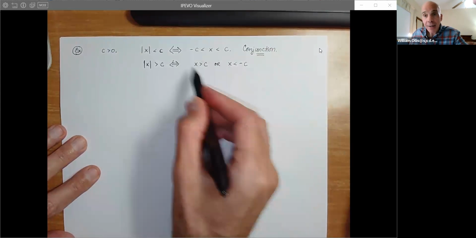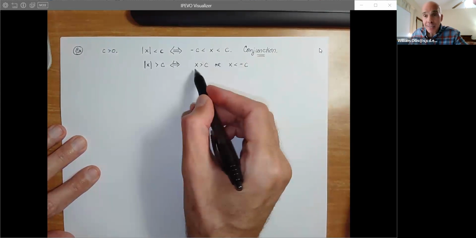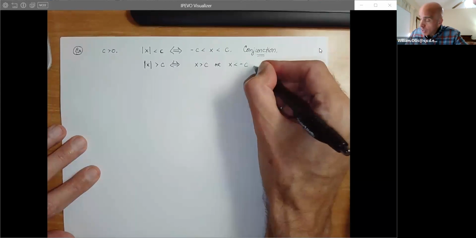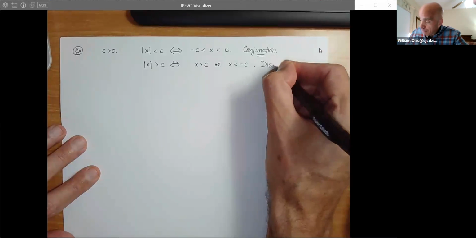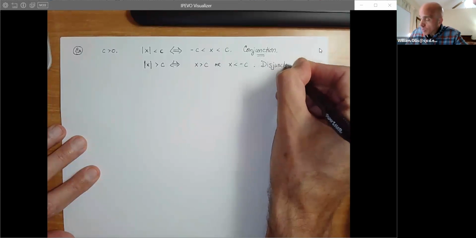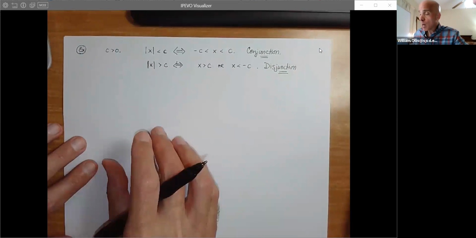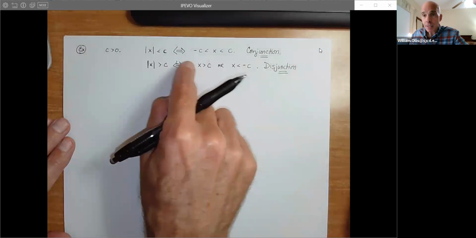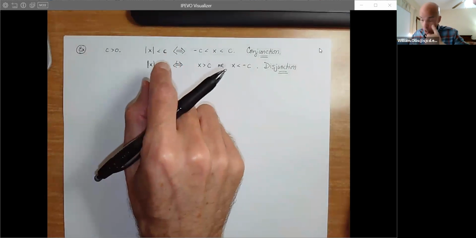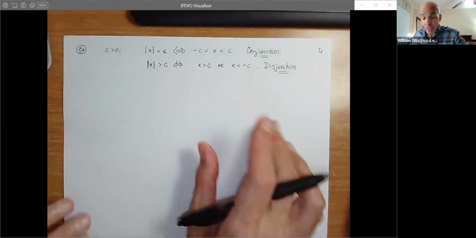But this is not connected. This is connected. This is disconnected. We call this the disjunction. Even though these terms are considered a bit archaic, I still use them because they give a name to this, which will occur so much in calculus.